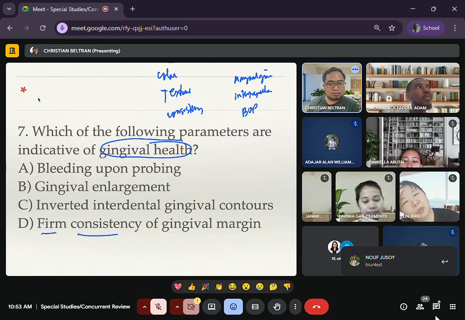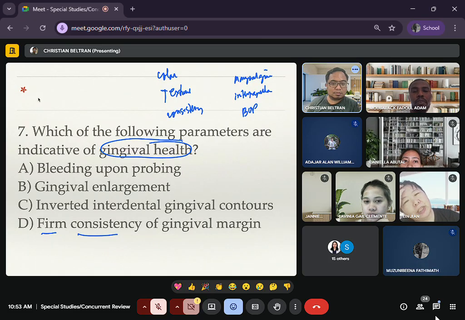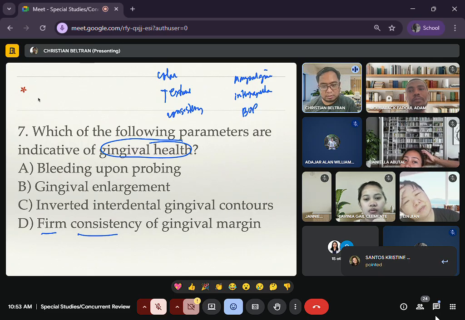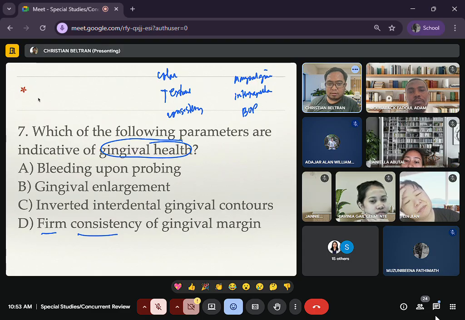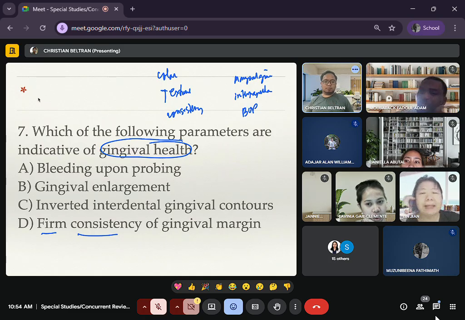So meaning to say, during the process of calcification, what happens to the amount of anaerobic bacteria present? It decreases. The more dominant bacteria now are the aerobic bacteria once it becomes calculus.